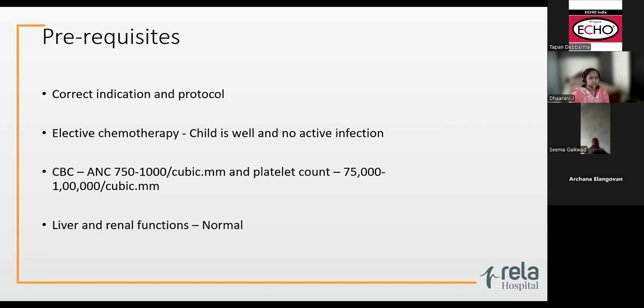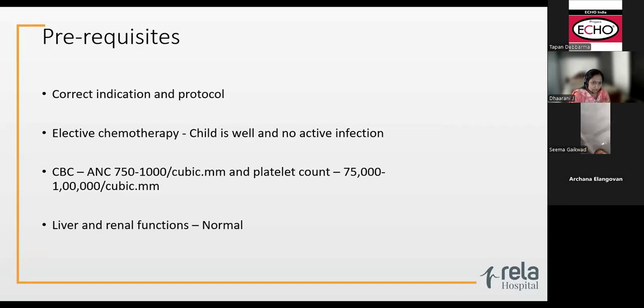Whenever the child comes for chemotherapy, any elective chemotherapy, we never give it when the child is sick. When the child has a viral infection or had fever yesterday, we are not going to push the child through chemotherapy. Sometimes we might have given a prior order for admission, and they might have reached the ward.